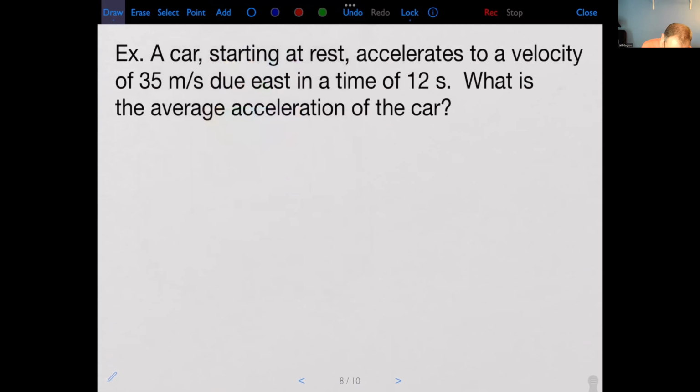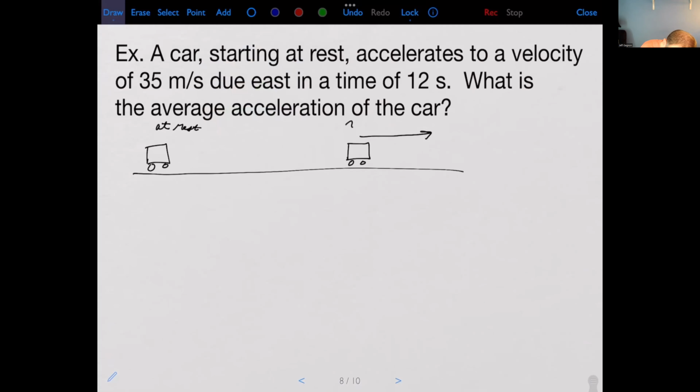You have this car starting at rest. And then 12 seconds later, it's moving to the right, to the east, and its velocity is now 35 meters per second.